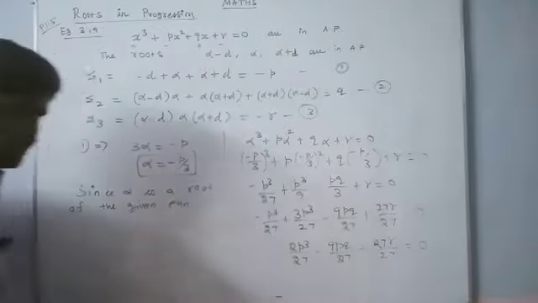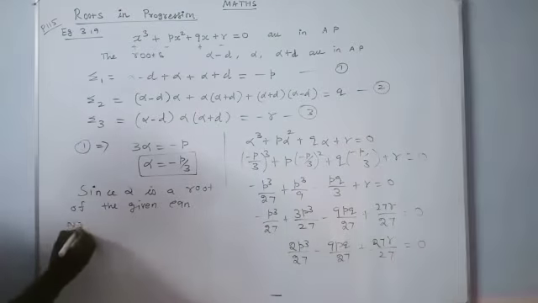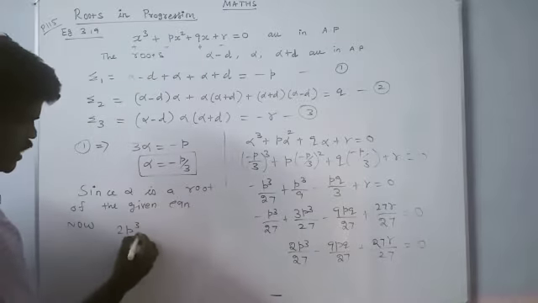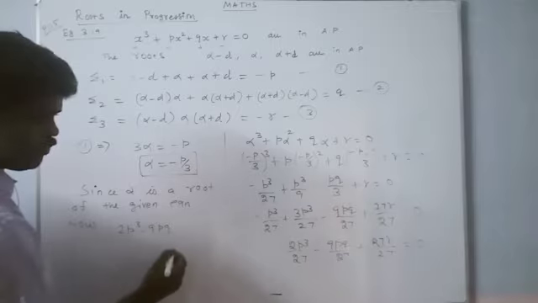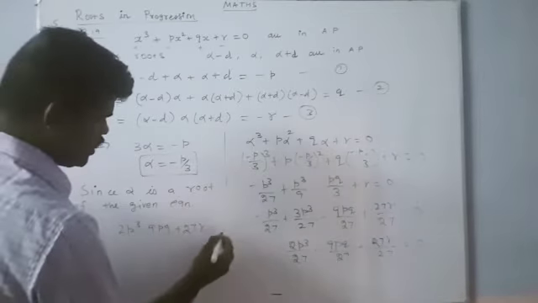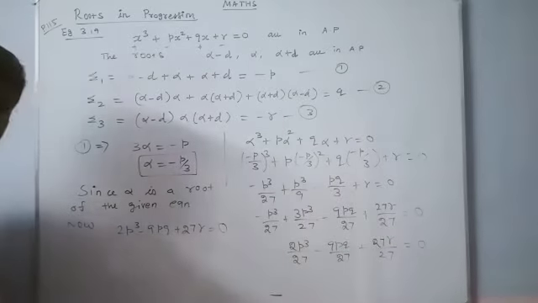The denominators are the same, so that's why we can add now. 2p cube minus 9pq plus 27r, divided by 27, equal to 0.